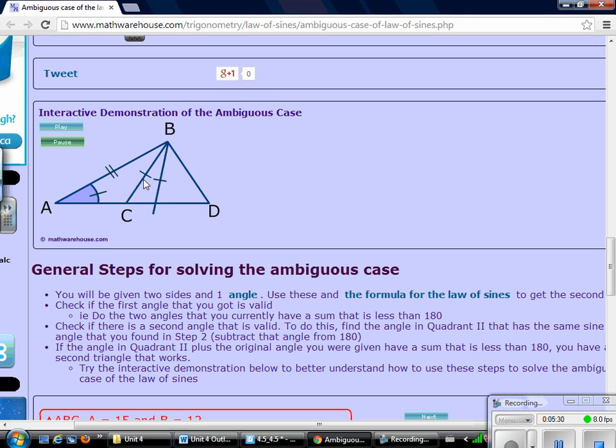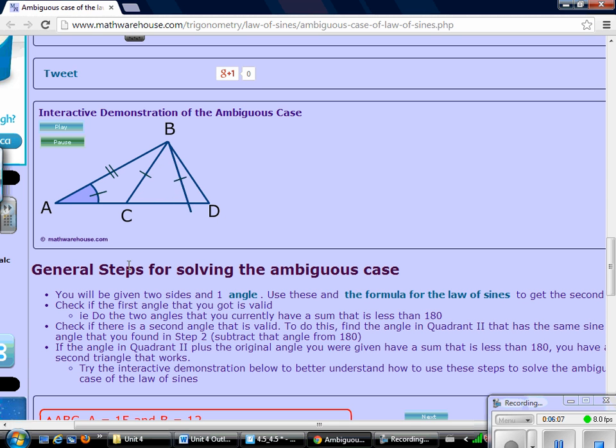That triangle could create for us angle C. Let's see if I can pause it for a second. Angle D is my acute angle, or my angle C could be my obtuse angle, but using the same length of BC. So BC could be like that, or that same length could create a triangle of ABD.